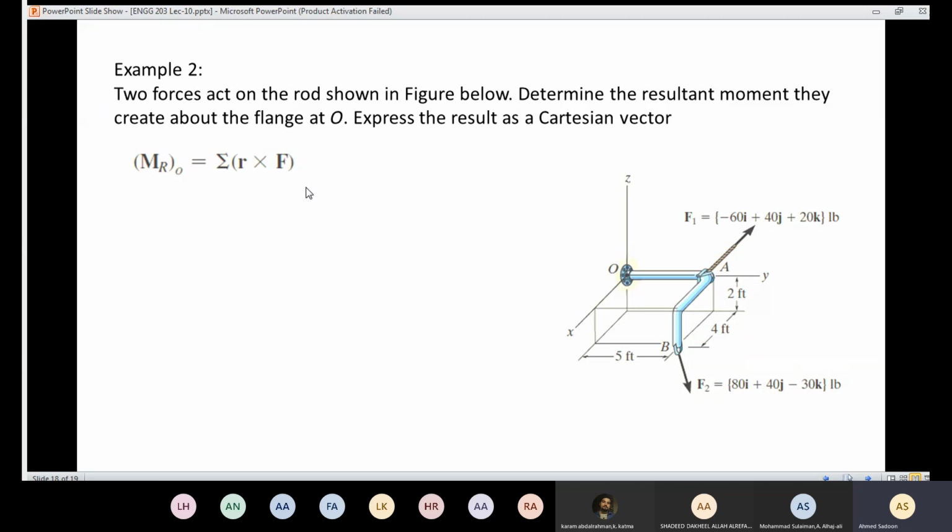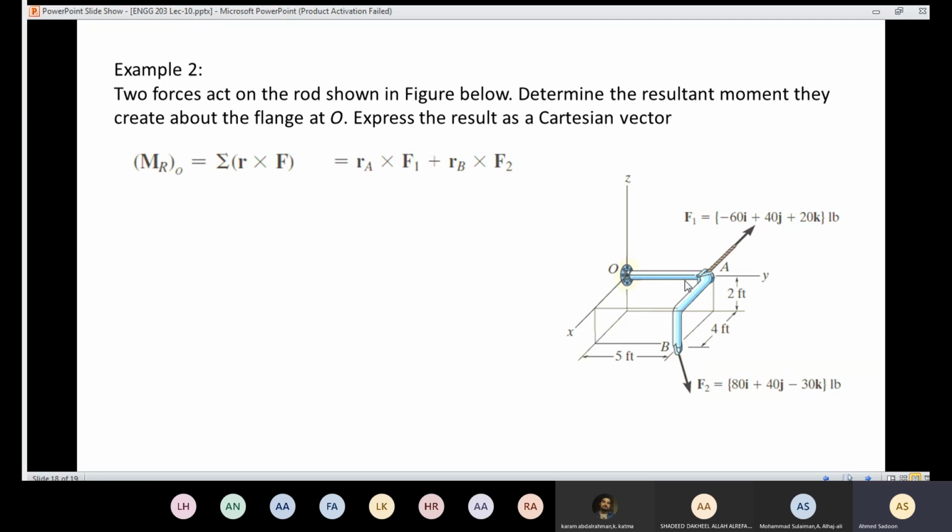So in that case, we're going to have F1 R1 and F2 R2, because I have F1 and I have F2. So here I need to know the value of R. The definition of R, again, is the position vector from the point O to any point on the line of action.